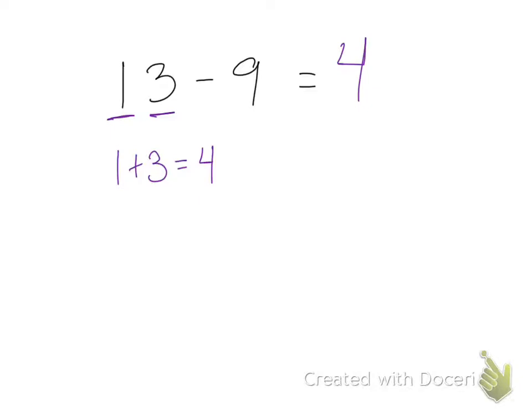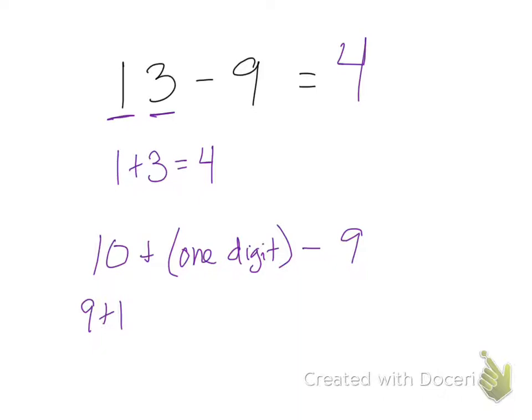This trick works because any number 10 to 18 minus 9 can be written in this following way. 10 plus whatever the ones digit is, minus 9. Okay? 10 is the same as 9 plus 1.